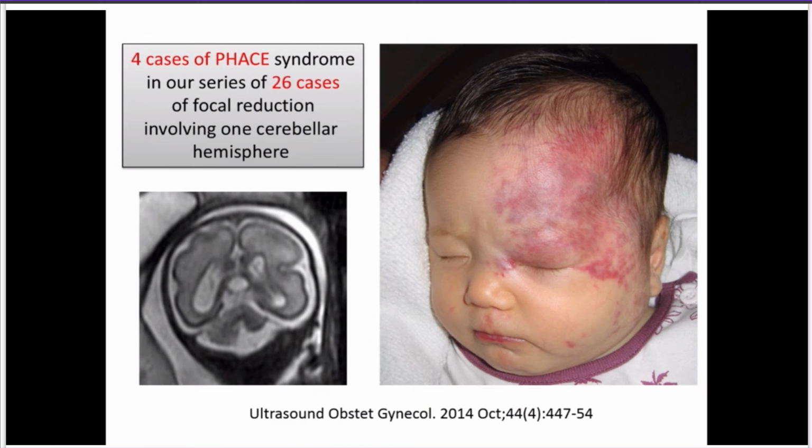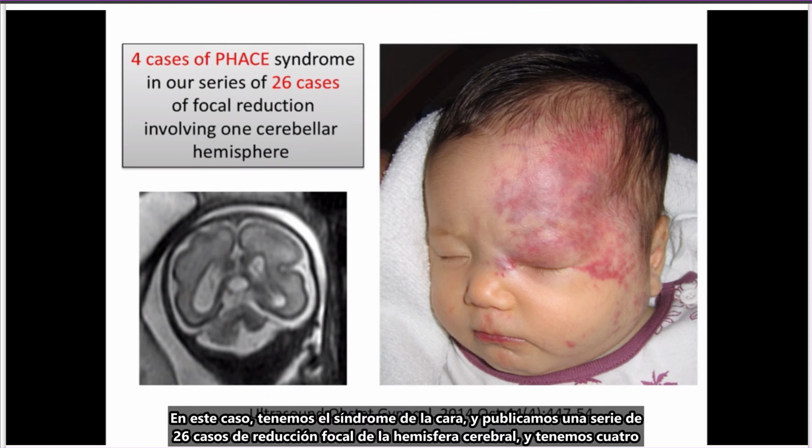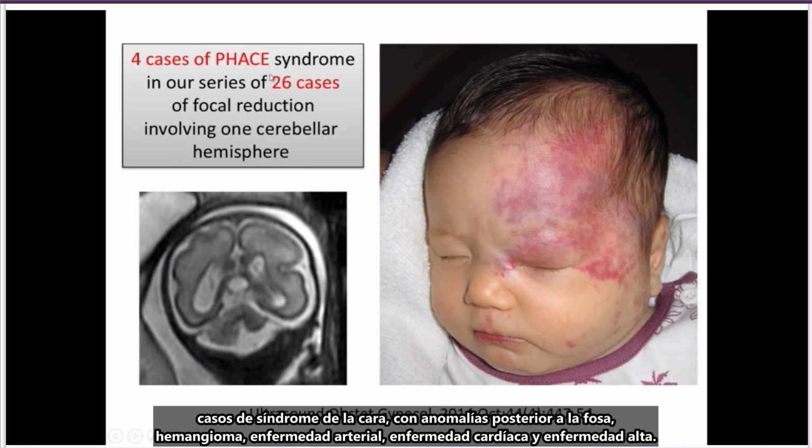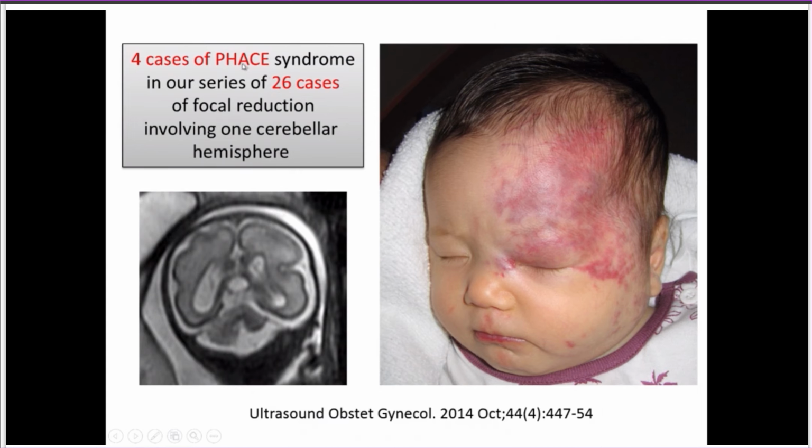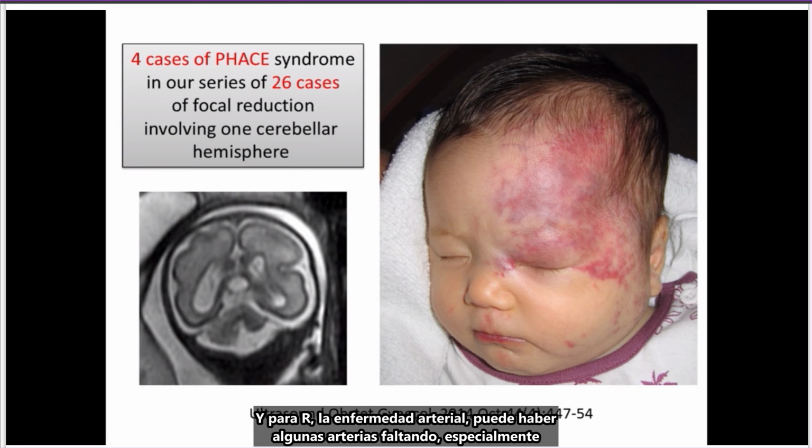And we published a series of 26 cases of focal reduction of the cerebral hemisphere, and we have 4 cases of PHACE syndrome with posterior fossa anomalies, hemangioma, arterial disease, cardiac disease, and eye disease. And for the arterial disease, you may have some arteries missing, especially at the level of the cerebellum, which explains that there is underdevelopment of one hemisphere.